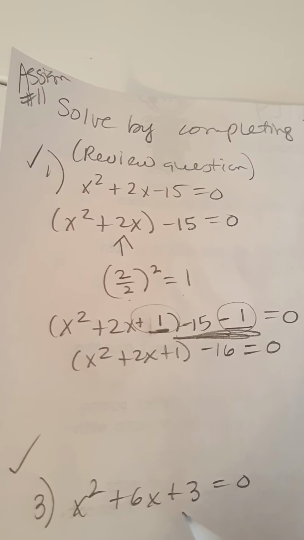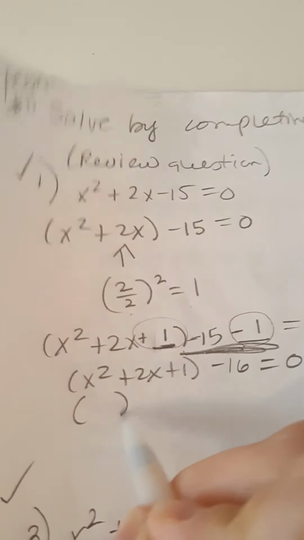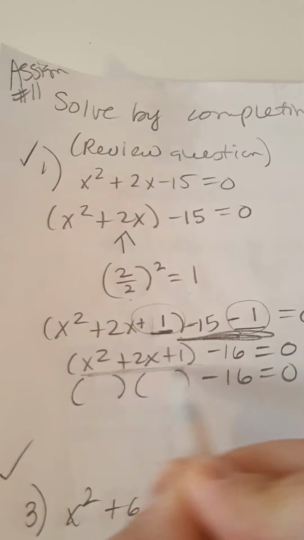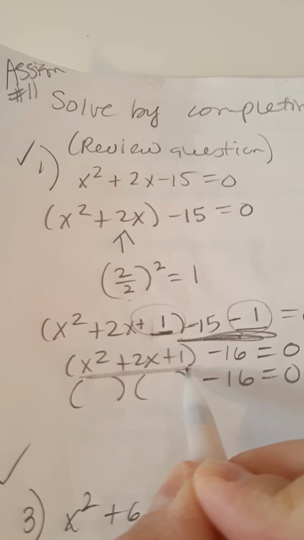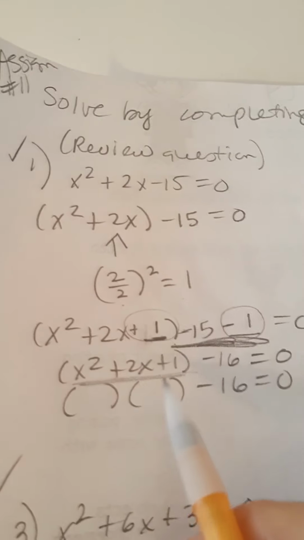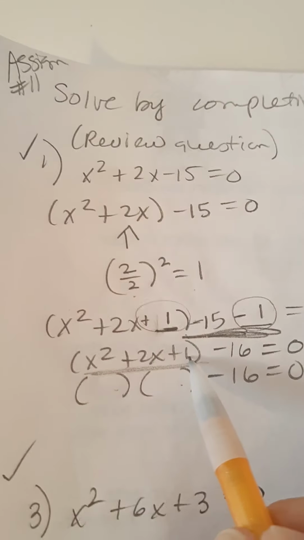This is where it's starting to do the whole square thing. This is the part where you factor this trinomial out. It's a perfect square trinomial, so the parentheses will be the same. The factors will be the same. So here's the factoring.